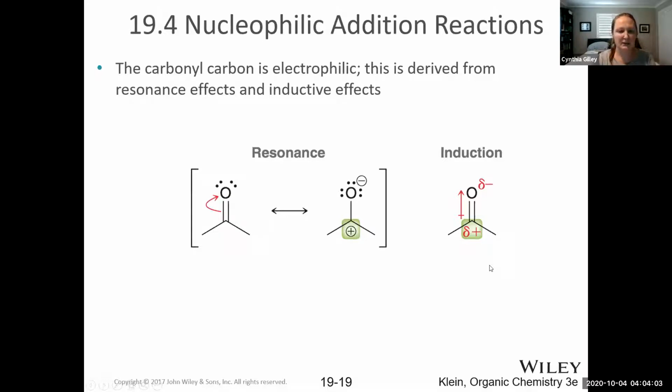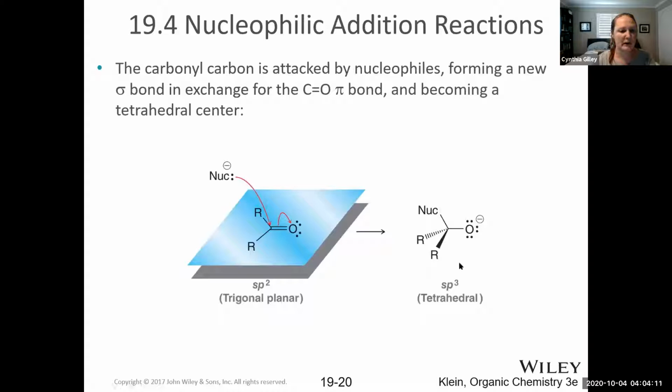So we're going to see reactions that involve a nucleophilic reagent reacting with the carbonyl carbon. When a nucleophile does an attack, it attacks at an angle. If you look at the nucleophile, carbon, oxygen, and the angle therein is about 109.5 degrees, because in the end, this is going to end up 109.5 degrees with this carbon being tetrahedral.